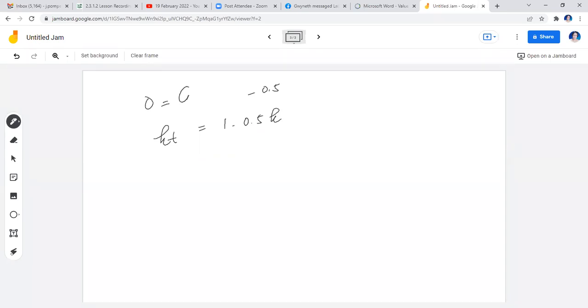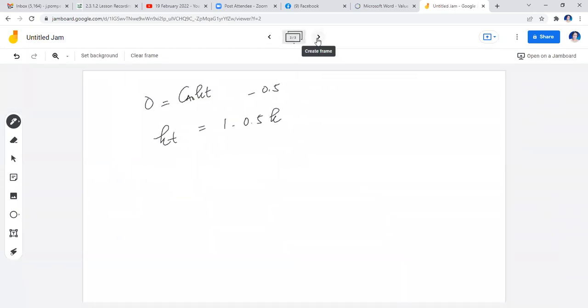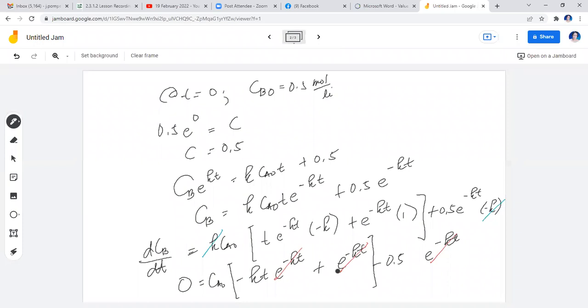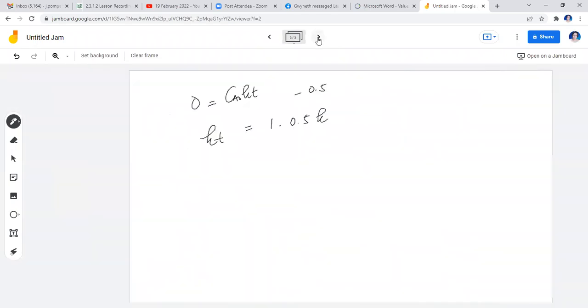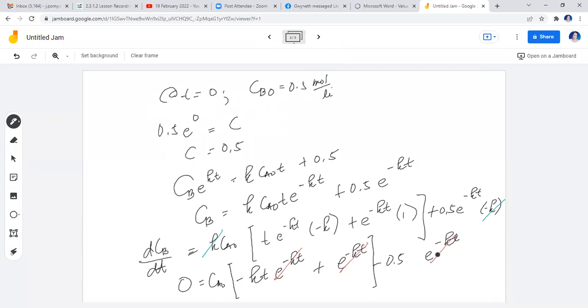So CaO kt, we need to have the CaO there and CaO only. Negative, and this one is CaO. Plus CaO. And we have 0.5 because this one is taken out. Same thing with the K here.